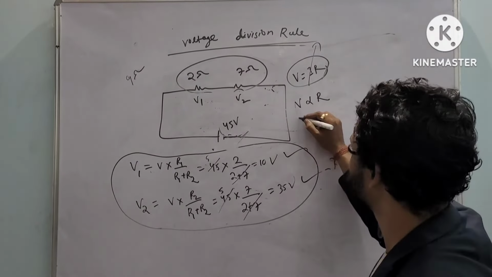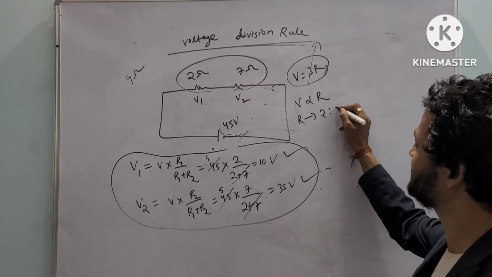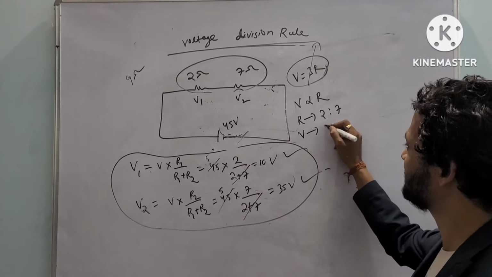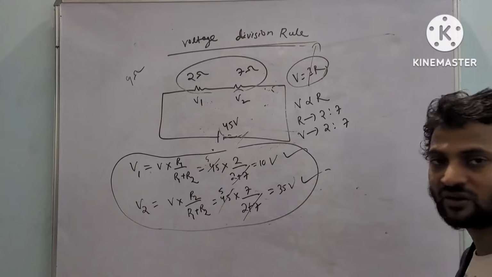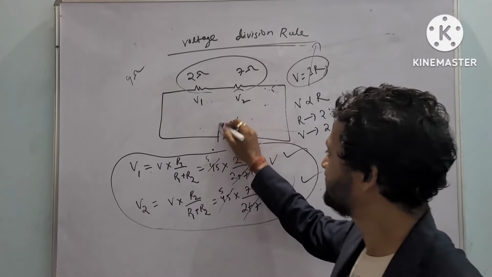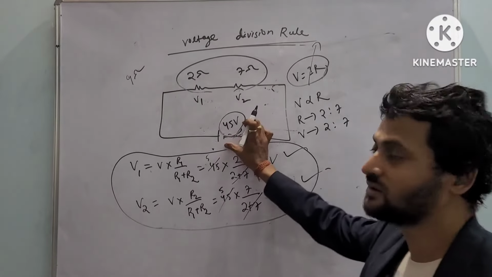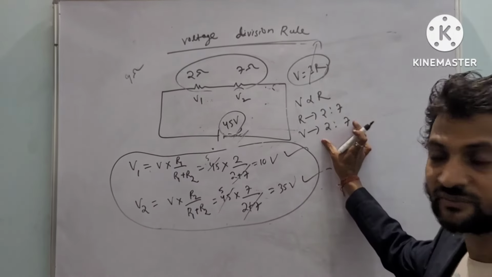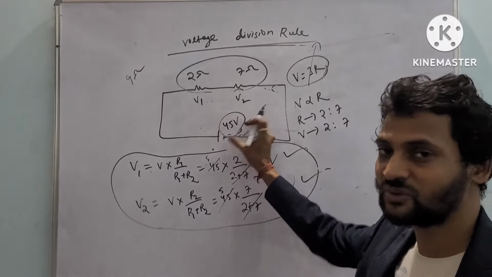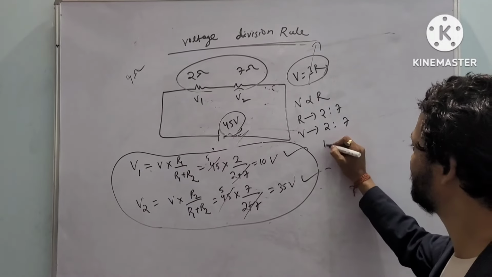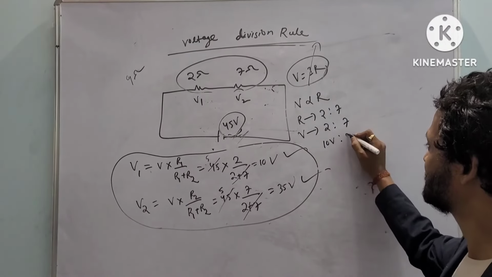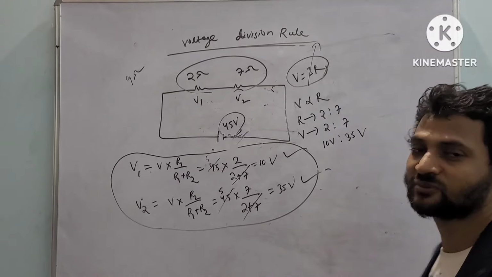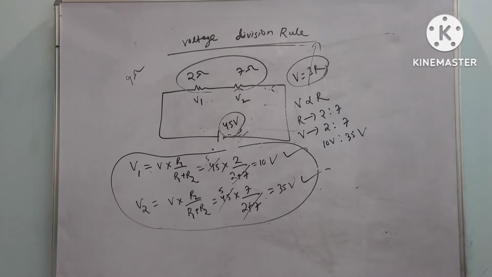Take the ratio of resistance. Resistance का ratio कितना है? 2:7. So potential drop का ratio भी कितना होगा? 2:7 ही होगा. But we are given 45 volt. 45 को divide कर लेंगे 9 parts में. So each part will have magnitude of 5 volt. So 5 into 2 is 10 volt. 5 into 7 is 35 volt. हो गया आंसर. ठीक है.